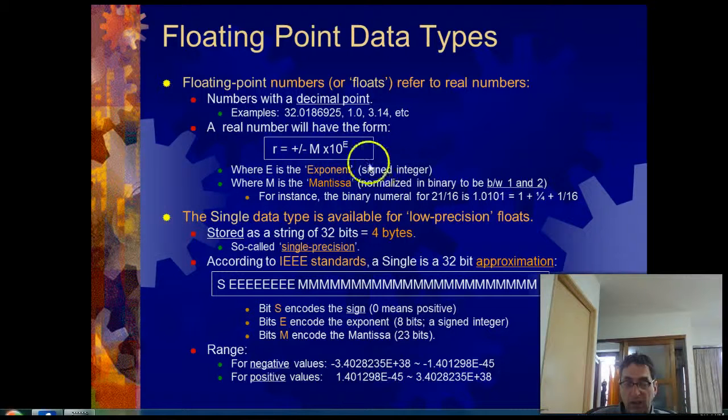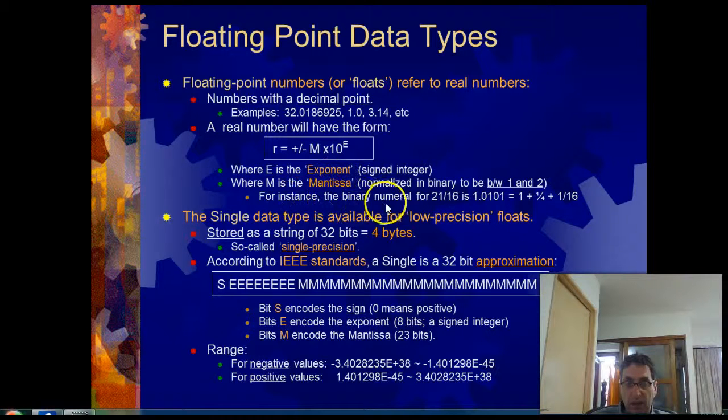So it's either positive or negative. And n is called the mantissa, normalized in binary to be between 1 and 2.